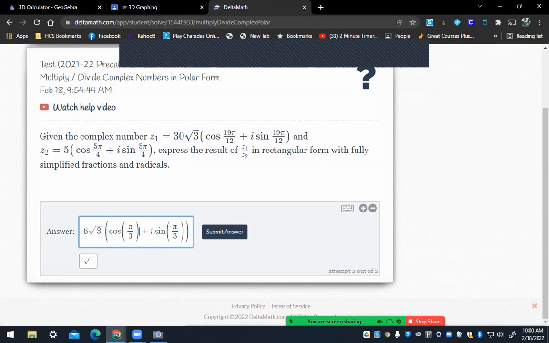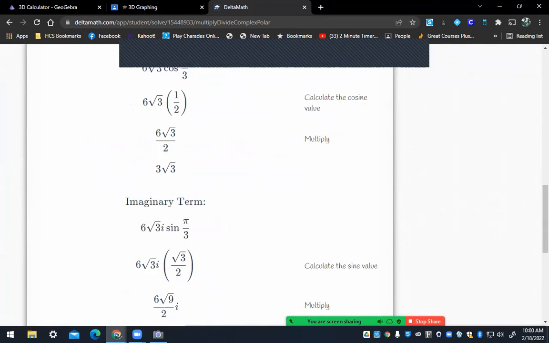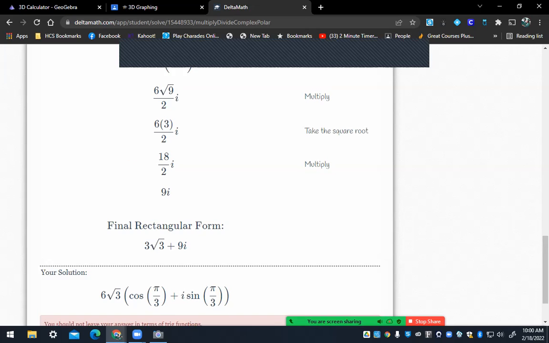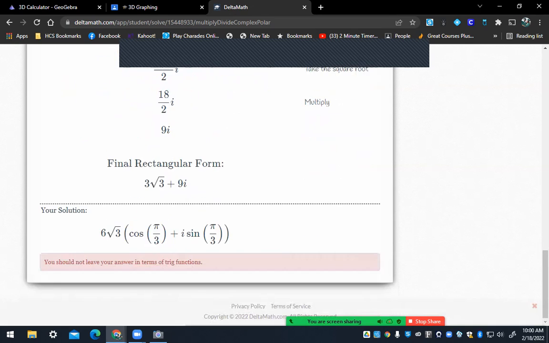Express the result of... okay, let me figure out what did I do wrong. Oh. All right, so I was right, but they wanted me to put it back into rectangular form. So no, okay, it's not that bad.